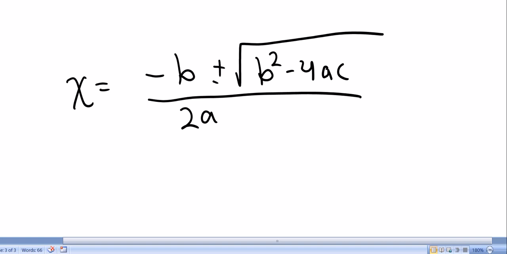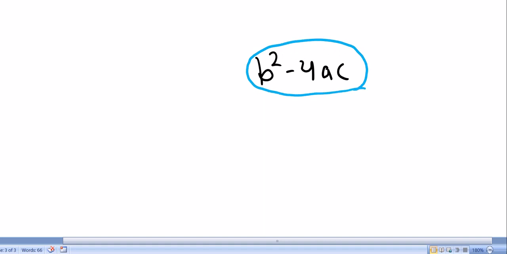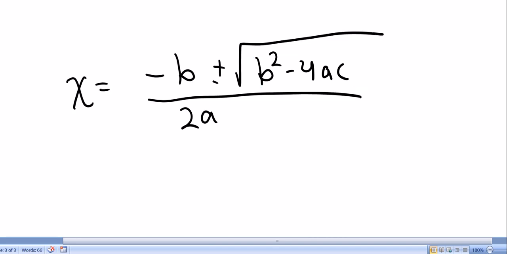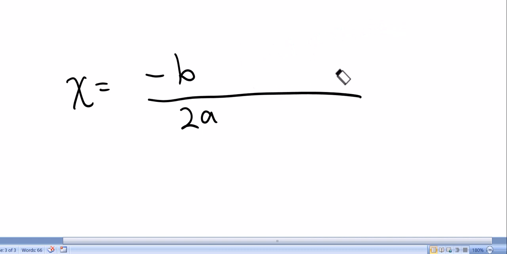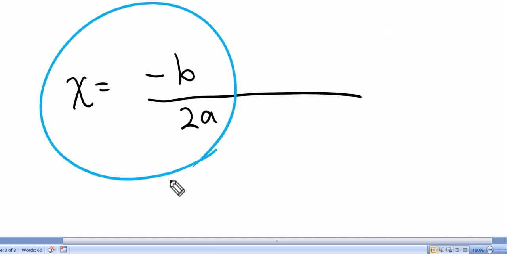It's quite remarkable, really, because what's inside of the quadratic formula, we call that the discriminant. And if we remove the discriminant, we get the axis of symmetry.